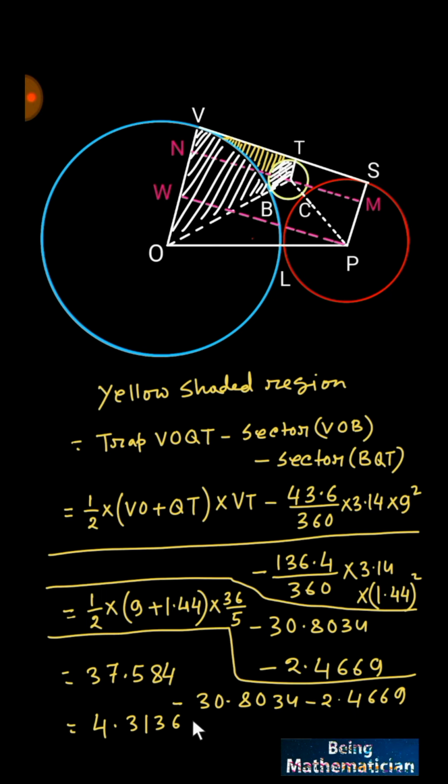So it must be 4.3136. Now after approximation we get 4.31 centimeter square.